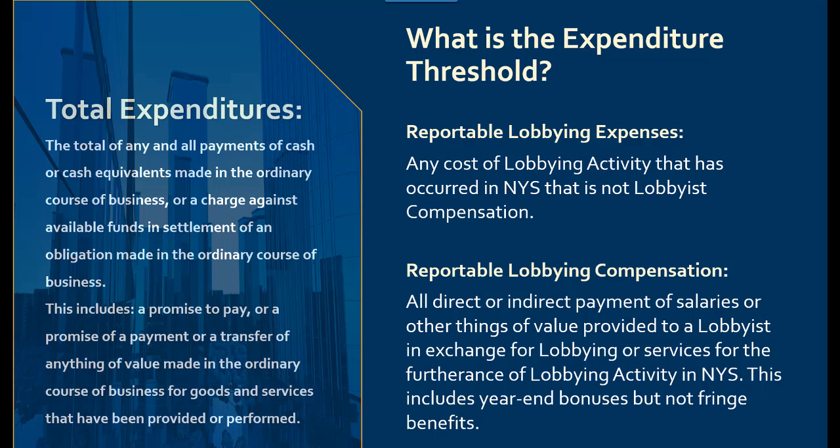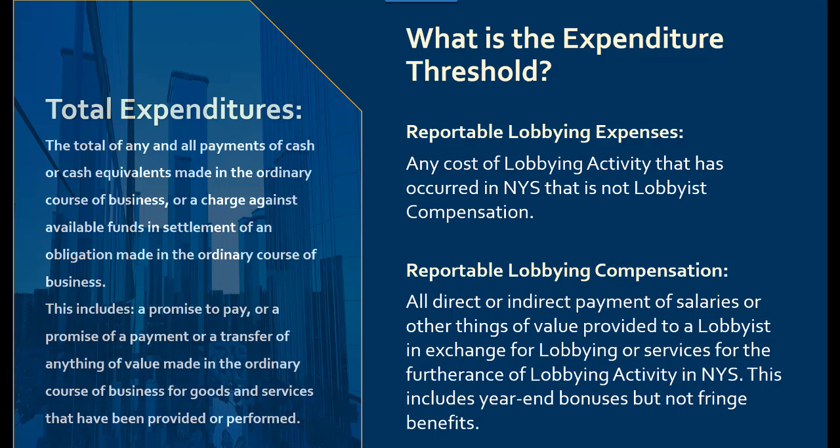Reportable lobbying compensation are all direct or indirect payment of salaries or other things of value provided to a lobbyist in exchange for lobbying or services for the furtherance of lobbying activity in New York State. This includes year-end bonuses, but not fringe benefits.